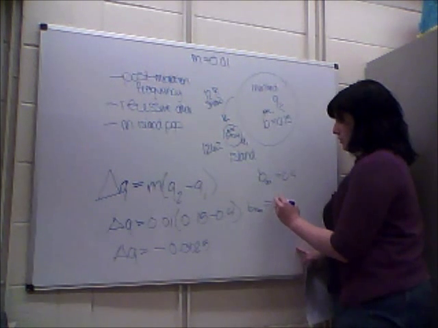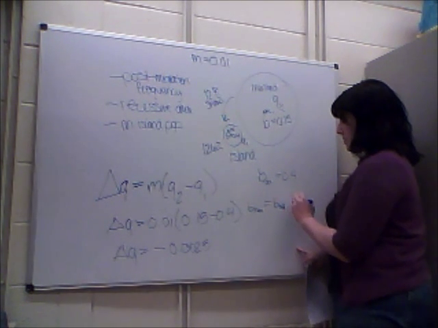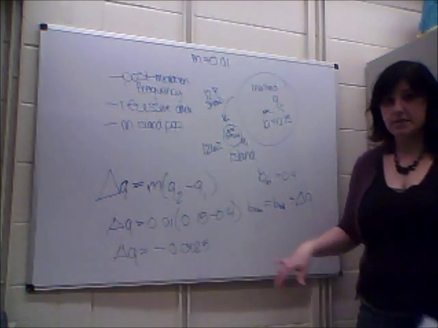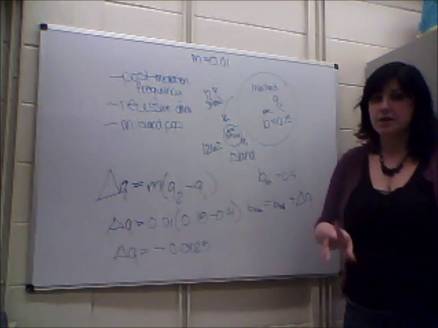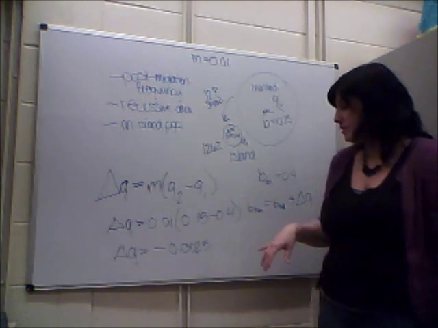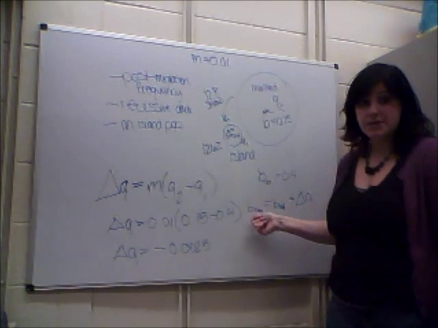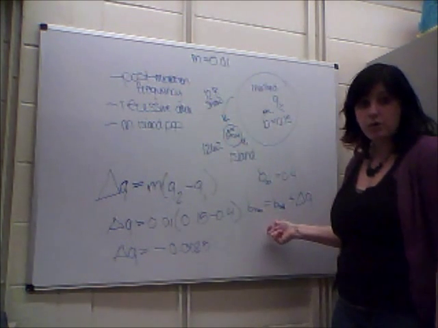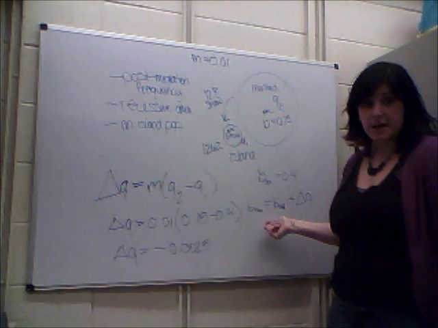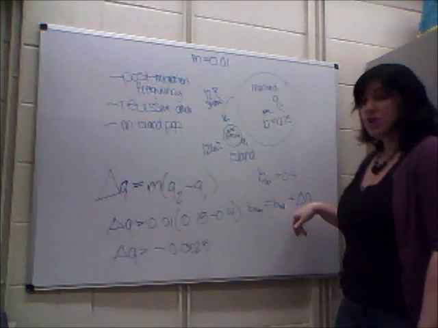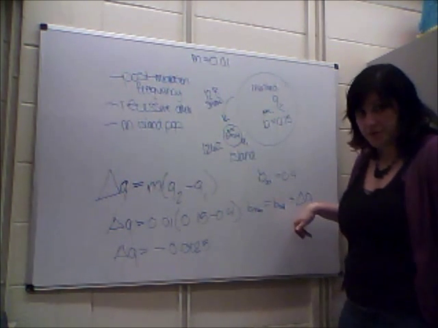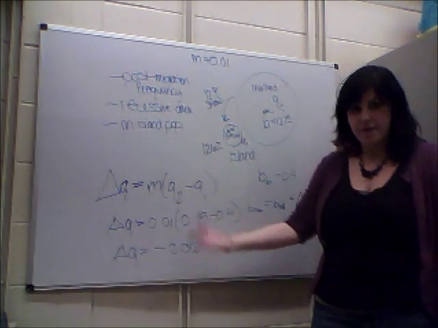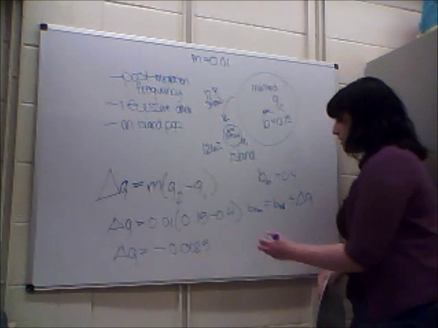So new is equal to old plus the change, delta q. So that's easy, right? Think about it logically, not mathematically. Think about it in terms of words. So the new allele frequency after migration to the island is going to be the old allele frequency of the island plus that change in the allele frequency. And because it's negative, it's plus a negative, so it's actually subtracting.